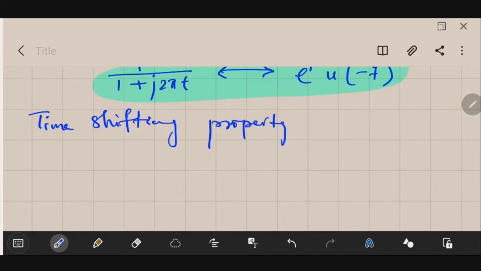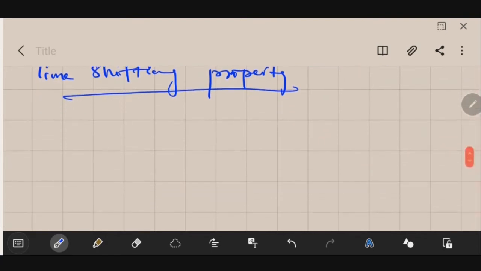Okay, time shifting property of Fourier transform. So let me just write the statement of this first, and then we will go to its mathematical expressions.